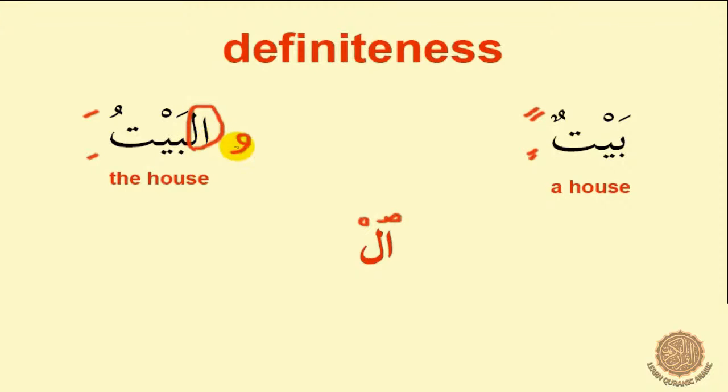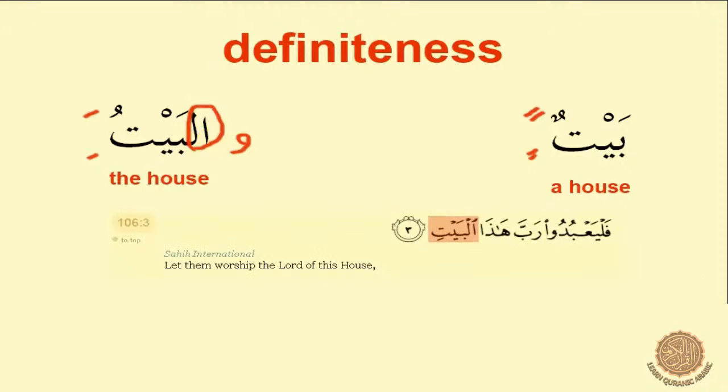Now, for example, in the Quran, we have this in Surah Al-Quraysh, and it says, فَلْيَعْبُدُوا رَبَّ هَذَا, and here is al-bayt. Now, there's a kasra there, and there's the al, so it's definite. And here al-bayt refers to Baytullah, the house of Allah, the Kaaba.